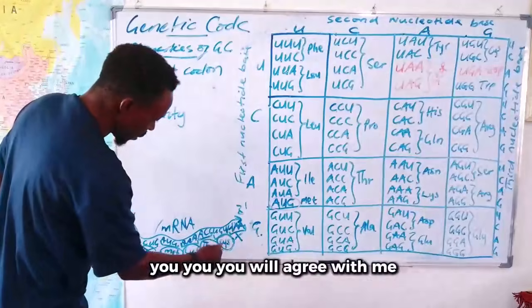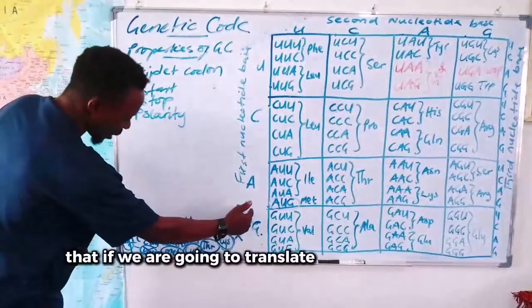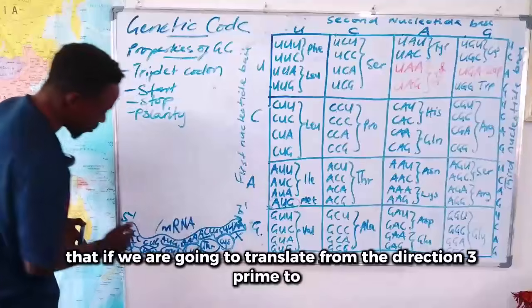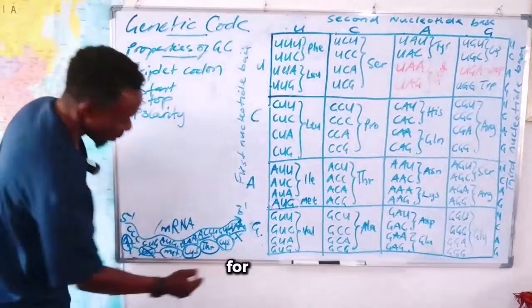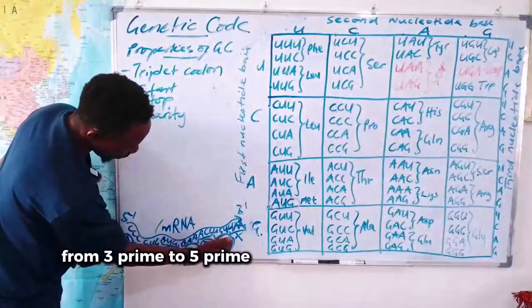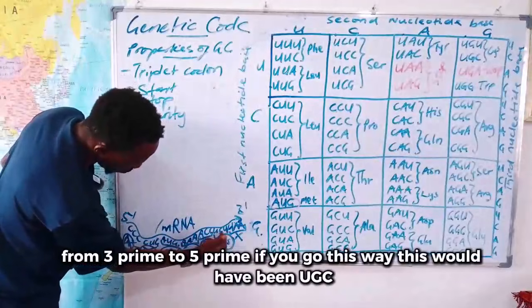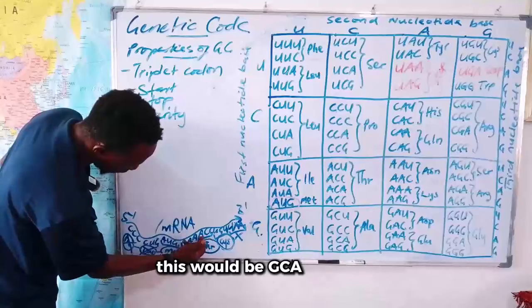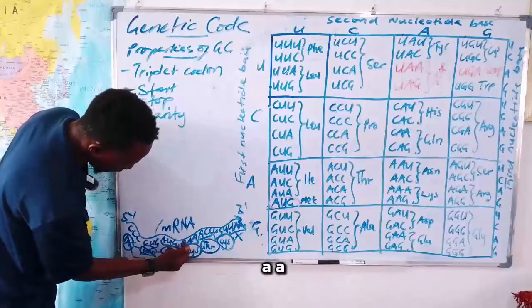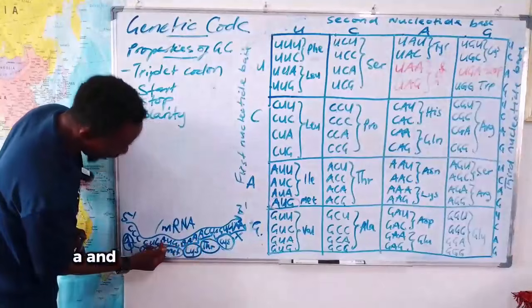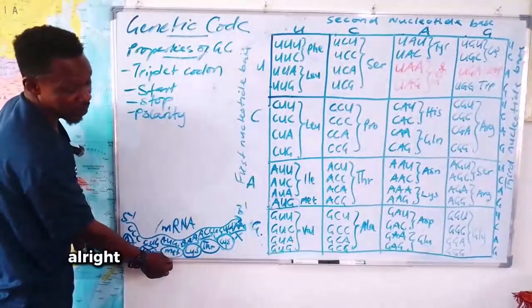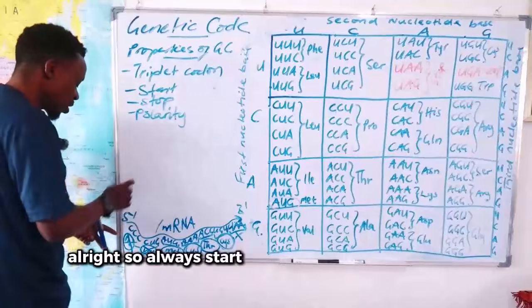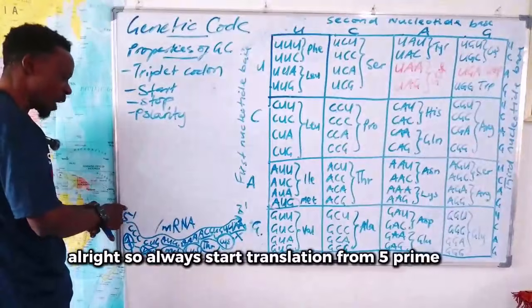You will agree with me that if we translate from 3' to 5', that will give us a different protein altogether. For example, from 3' to 5', if you go this way, this would have been UGU, this would be GCA, and then A, but this will be GUA, and GUA will give you something different from methionine. So always start translation from 5' to 3'.